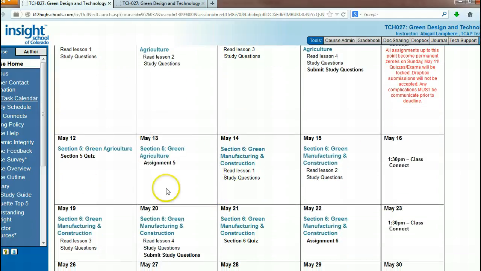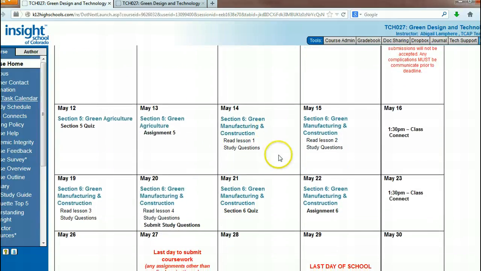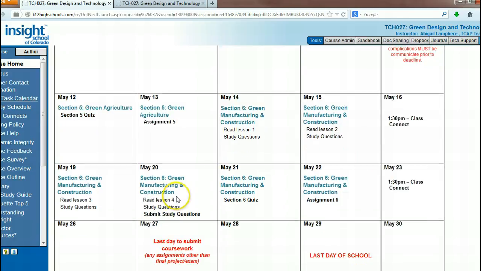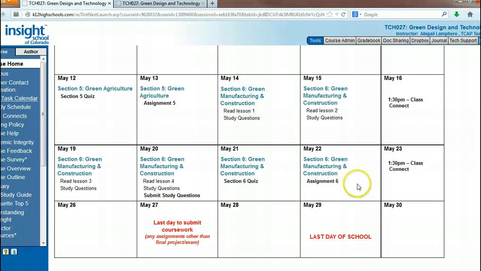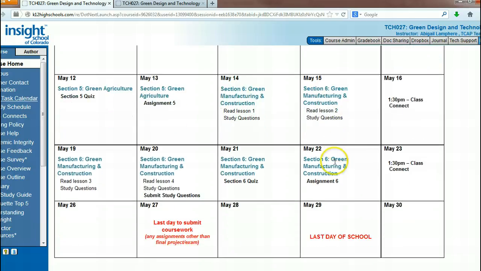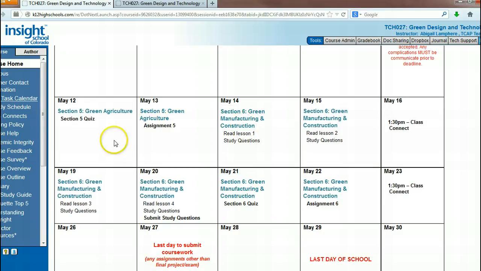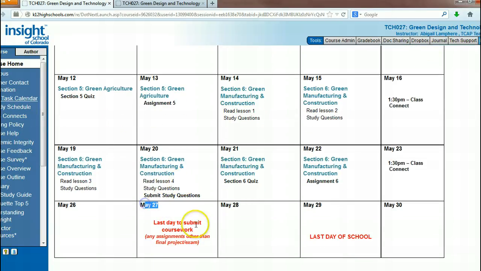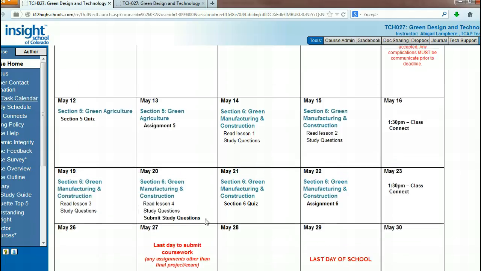Next week we'll be finishing section 5 and starting in on our last section, section 6, and we should be done by the 22nd. So not much more in this class. The last day for you to submit materials from section 5 or section 6 will be May 27th, when all the coursework is due.